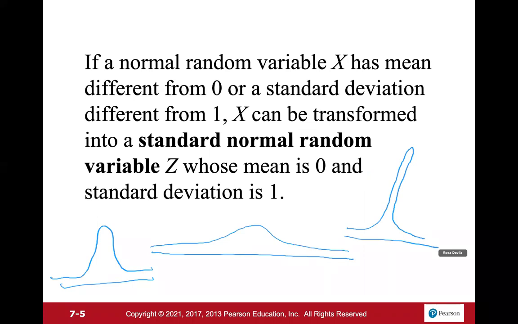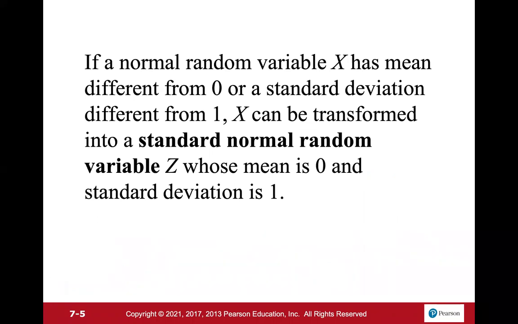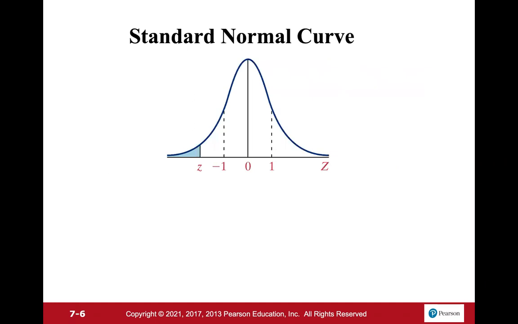We're comparing all of these to the standard normal distribution, and we're able to do that by finding the standard score, or z-score. So this here is your standard normal curve.